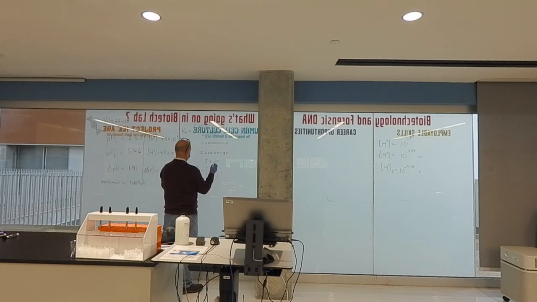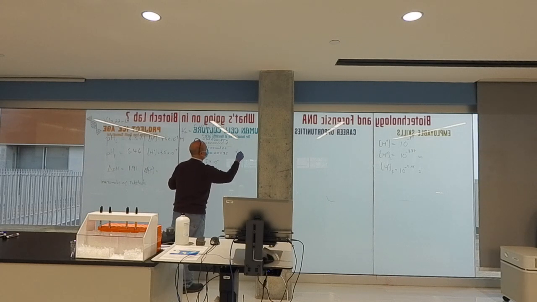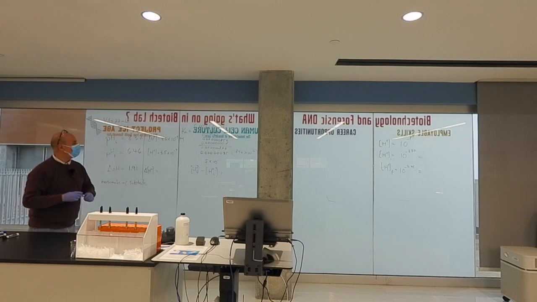So if I put the two together, I get 3.46 times 10 to the negative 7. That's not what you're getting? Yes, that's pretty much it. 3.46 times 10 to the negative 7.